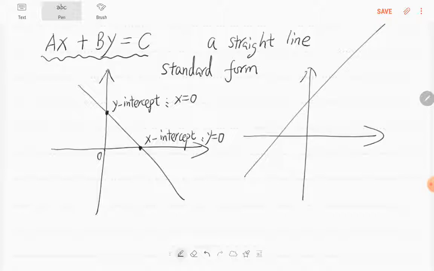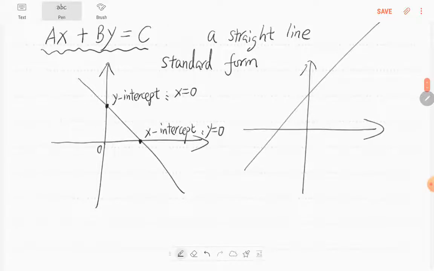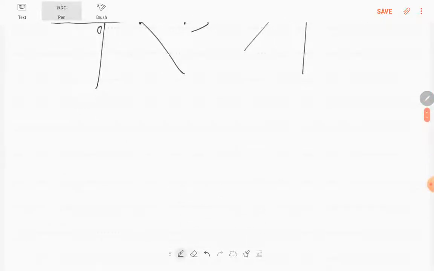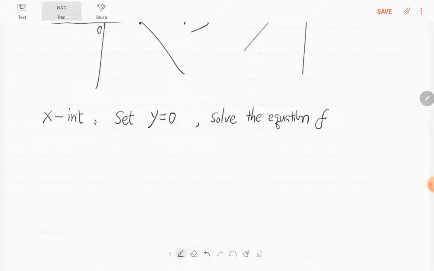This gives you a way to find the x-intercept and the y-intercept. To find the x-intercept, we just need to set y to be 0, then solve the linear equation for x.